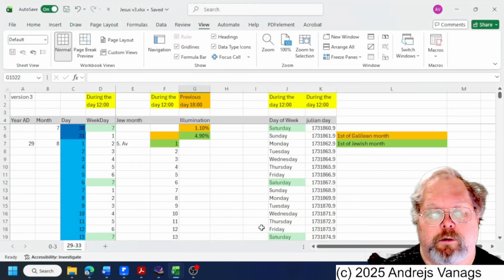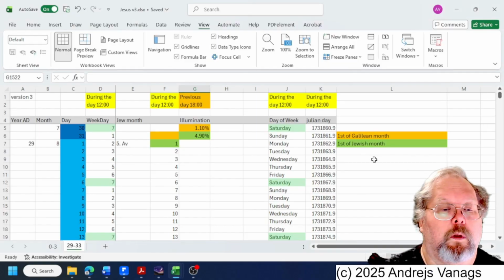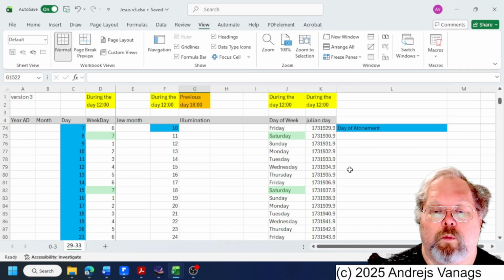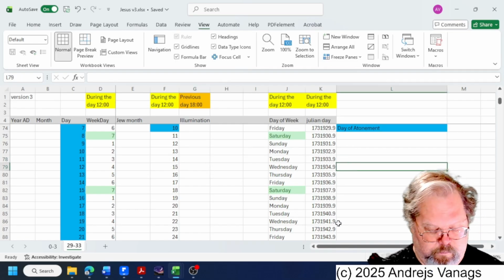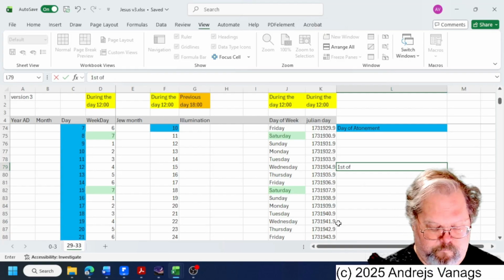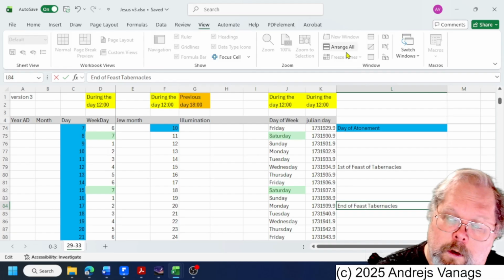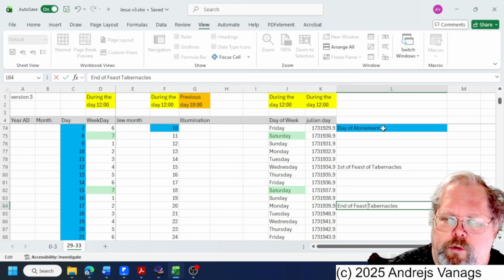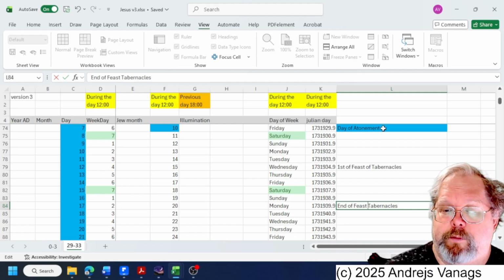So we come over here, we go back into Tishri, we have the 15th day, first of Tabernacles.